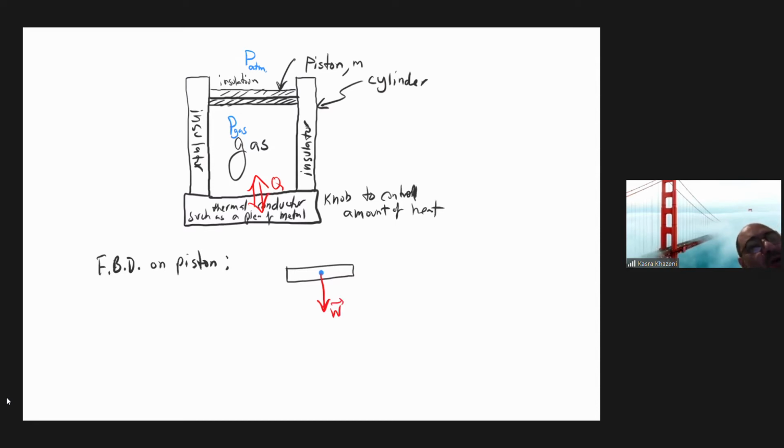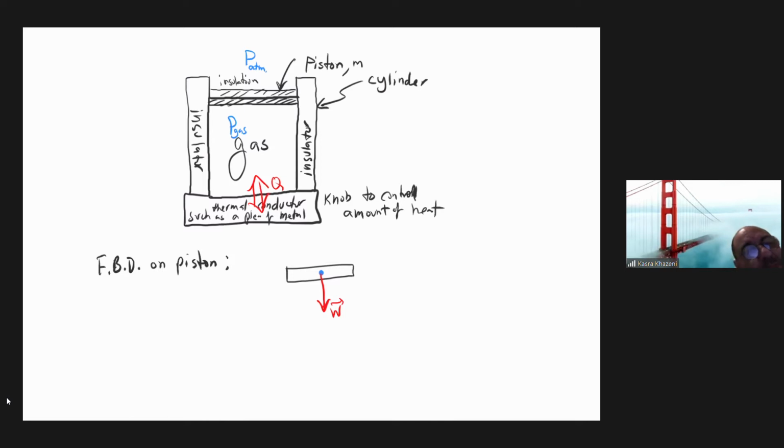Now, what are the other forces on this piston? What are the other forces, guys? Gravity.